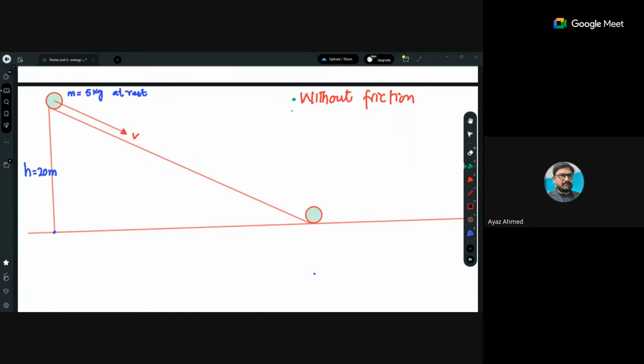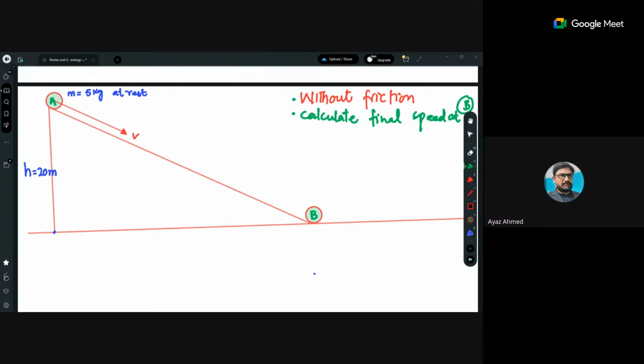Without friction, calculate the final speed at point B. This is point A, and let's say this is point B. So final speed at B, the speed of the ball at B. How to do that?